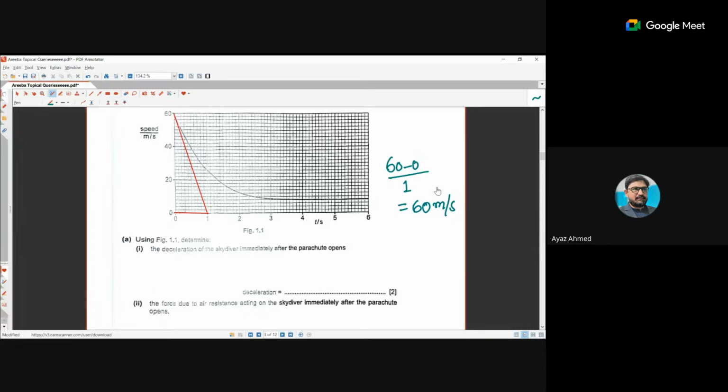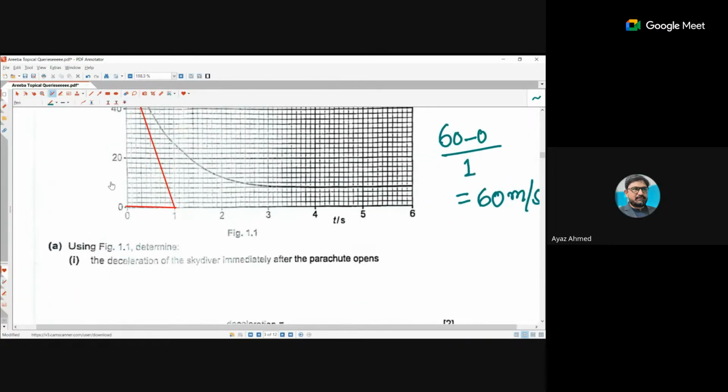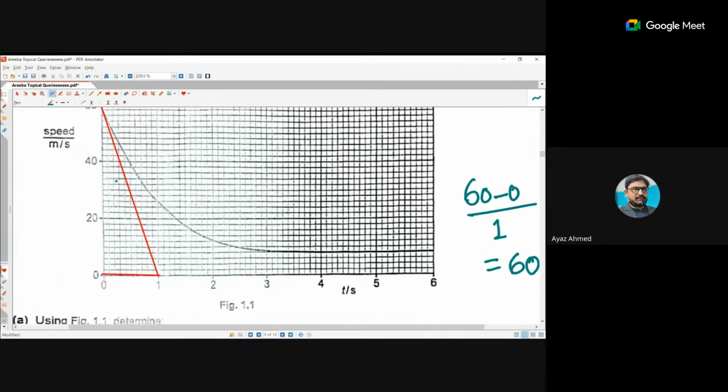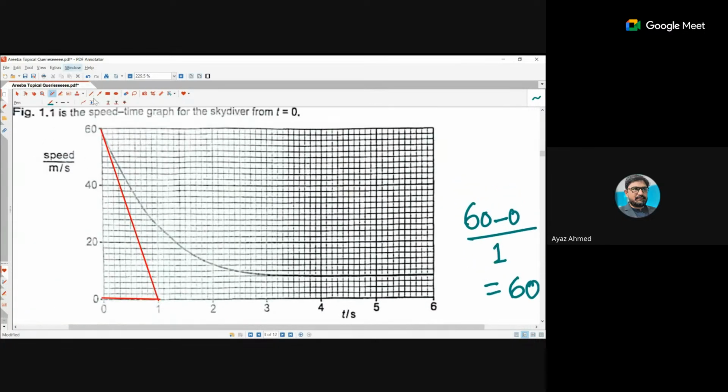But I think once you have this graph in printed format, its gradient would be different. In this file there is a problem, that's why. Okay, let me draw it in zoom. This is a straight line. Yes, so this is the tangent line. Almost the same will be there.